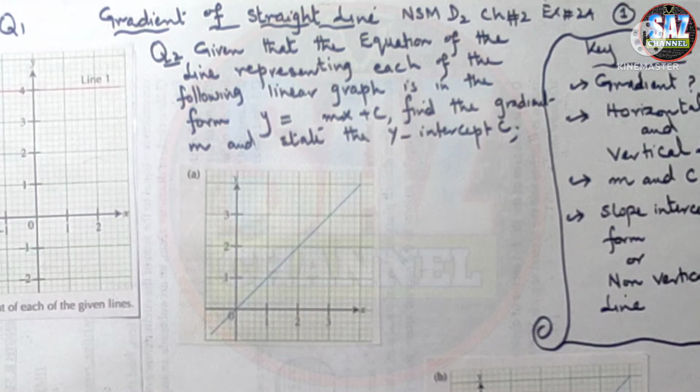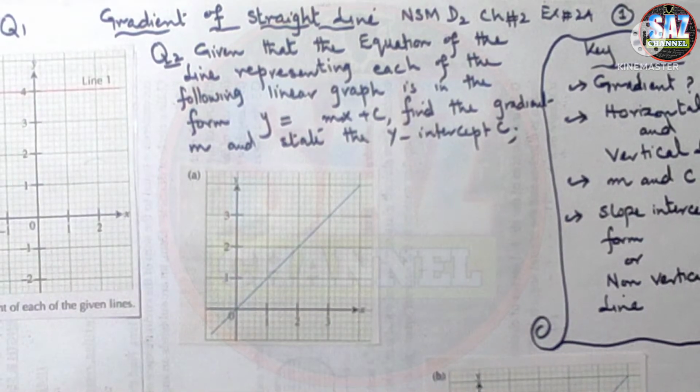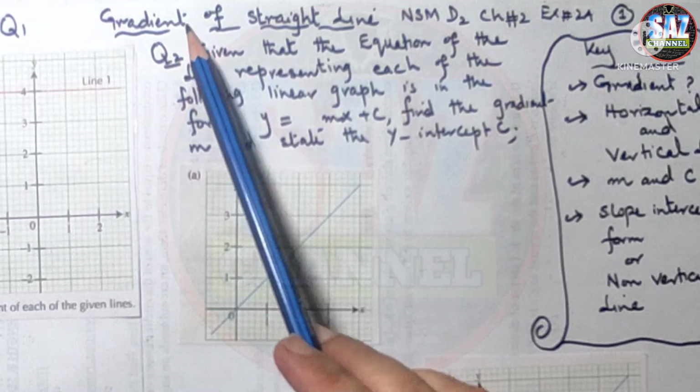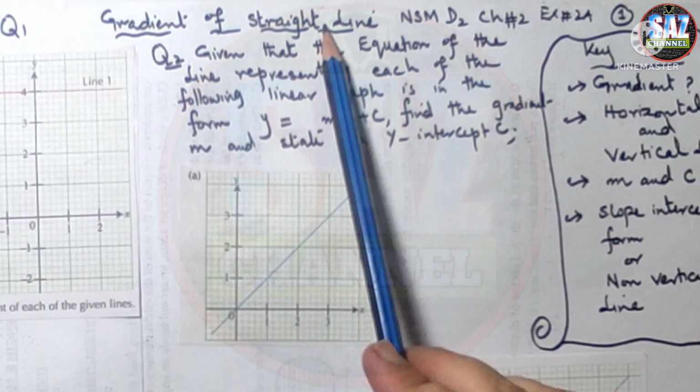This is my first lesson of D2, chapter number 2, exercise 2A, that is about the gradient of a straight line. Before going to the lesson, there are some key points that we need to understand. The topic is the gradient of a straight line.